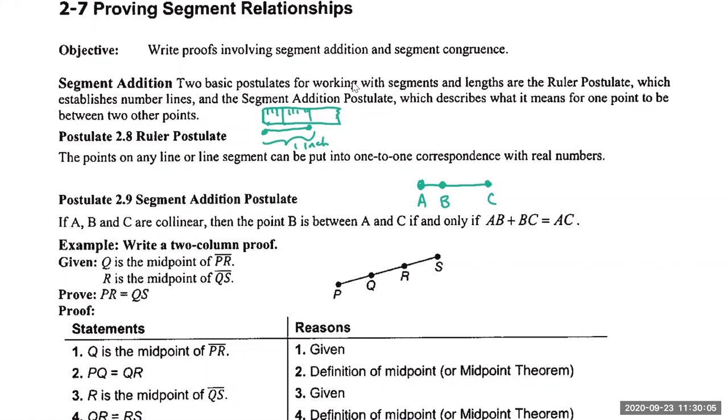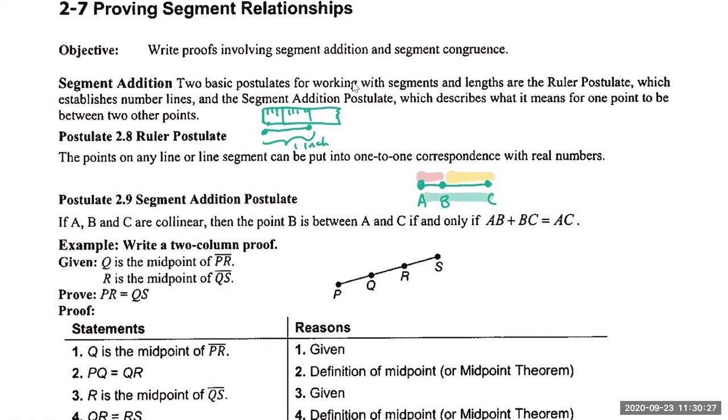And you then are asked, well, what can you conclude about that given picture or the fact that B is in between A and C? The only possible conclusion you can make is that you have this piece plus this piece equals the whole piece.